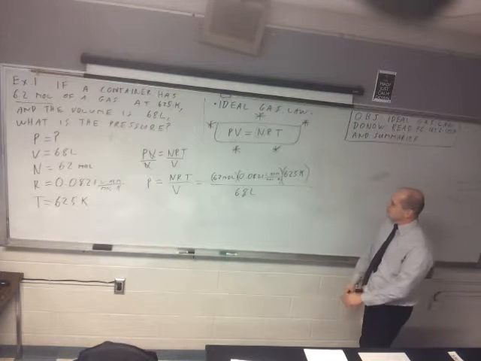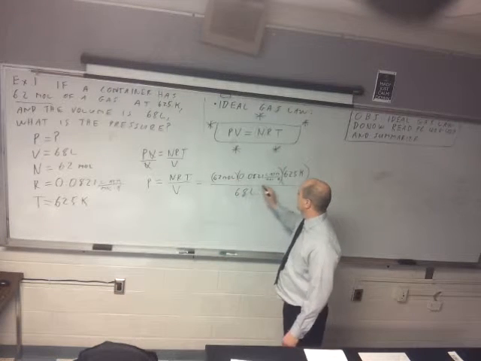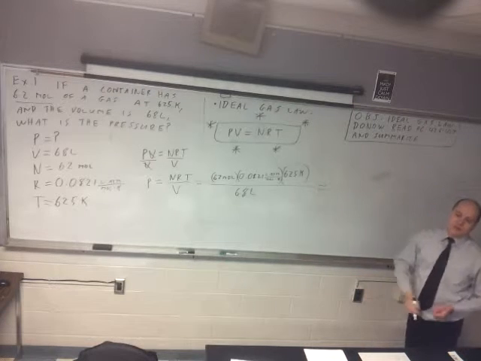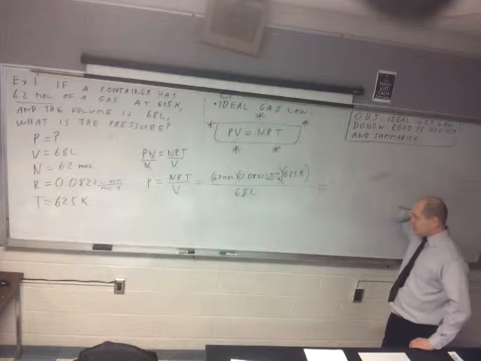All right. Let's cancel all the units. Kelvin goes away, moles goes away, liters goes away. So our answer is going to be in atmospheres, which we expected because we're looking for pressure. All right, go ahead, plug in numbers.